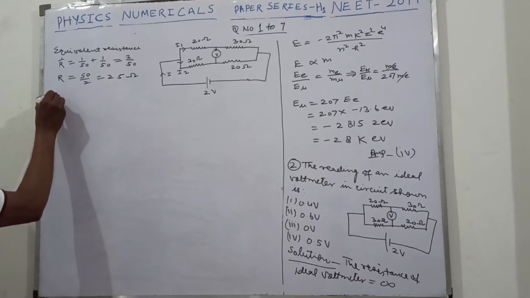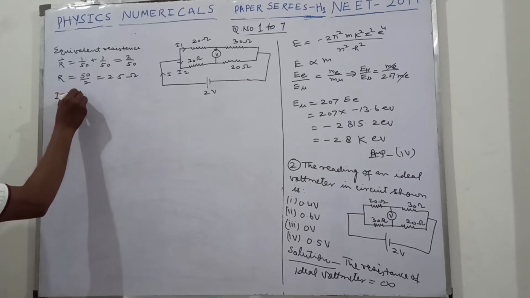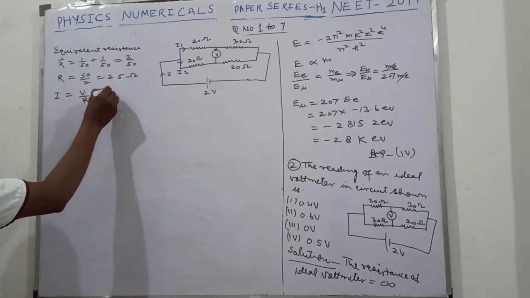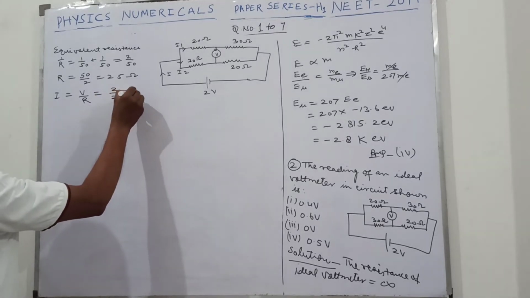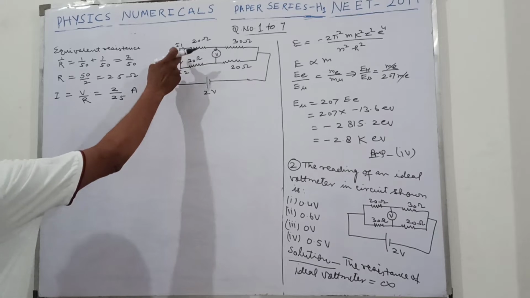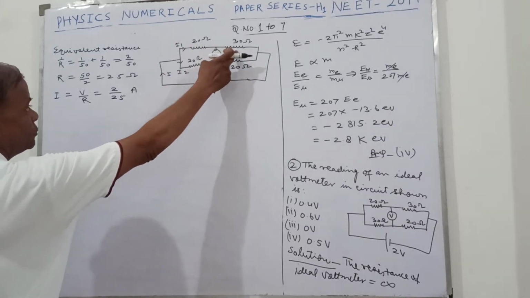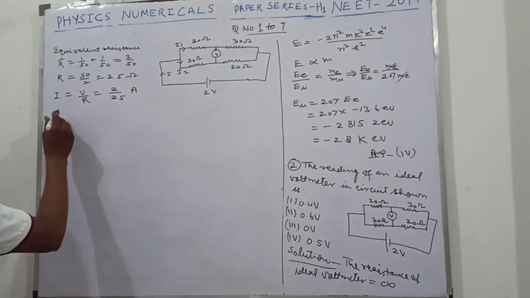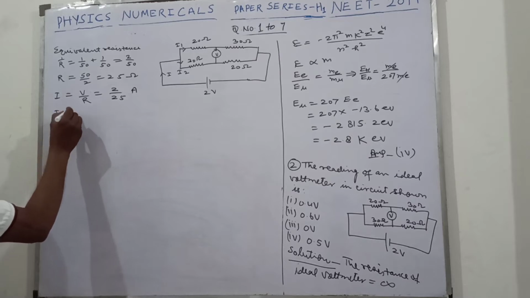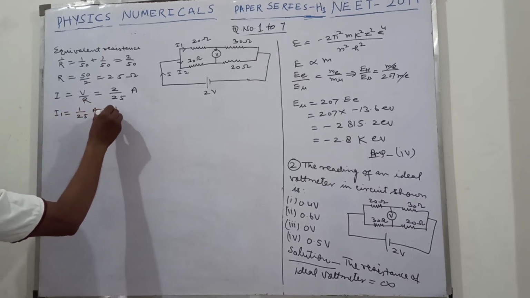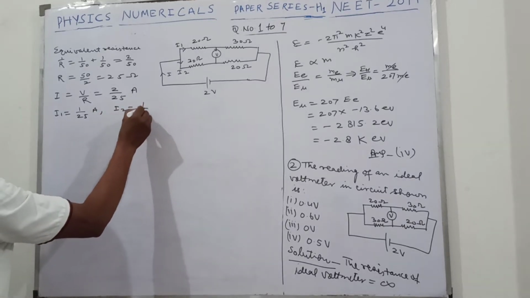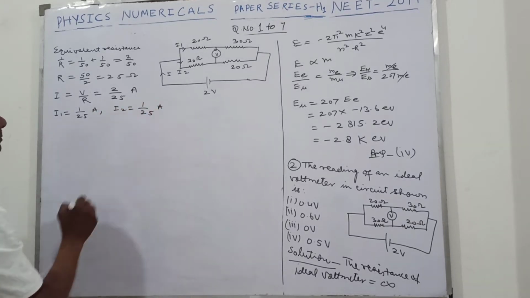So current I equal to V upon R, which is 2 upon 25 ampere. I1 and I2 will be divided equally, because this is also 50 and this is also 50. So I1 is equal to 1 upon 25 ampere, and I2 is also 1 upon 25 ampere.